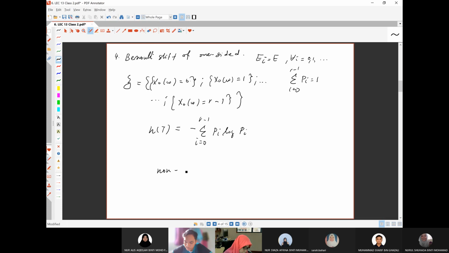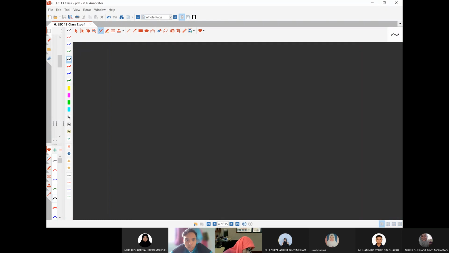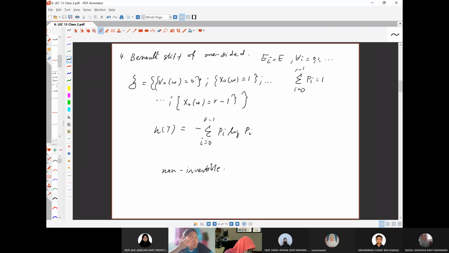So this is non-invertible. What does it mean here? If you look at this example, its entropy is non-zero. In this example you will get non-zero, right? You will have some values.